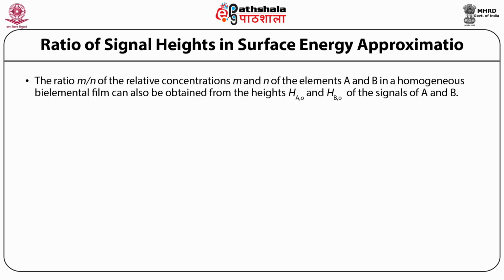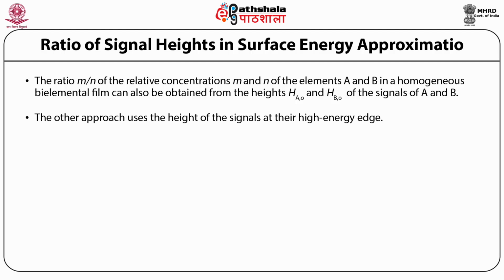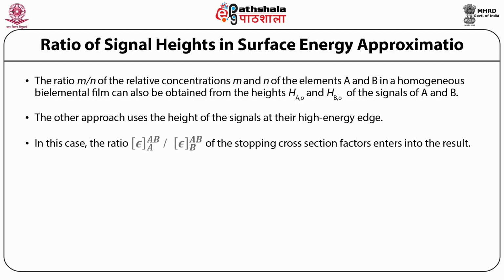One approach uses the total number of counts in the signals of A and B, and the stopping cross-section factors need not be known. The other approach uses the height of the signals at their high energy edge. In this case, the ratio epsilon_A^AB divided by epsilon_B^AB of the stopping cross-section factors enters into the result.